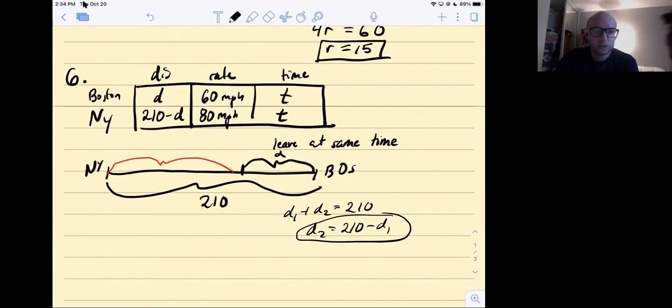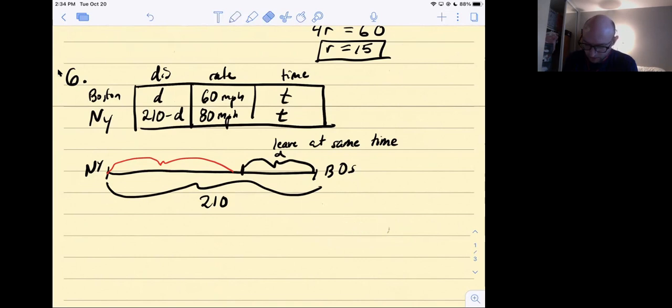So now let's move forward and solve this. I'm going to erase, we don't need this stuff here anymore. So our equations are d equals 60t and 210 minus d equals 80t.